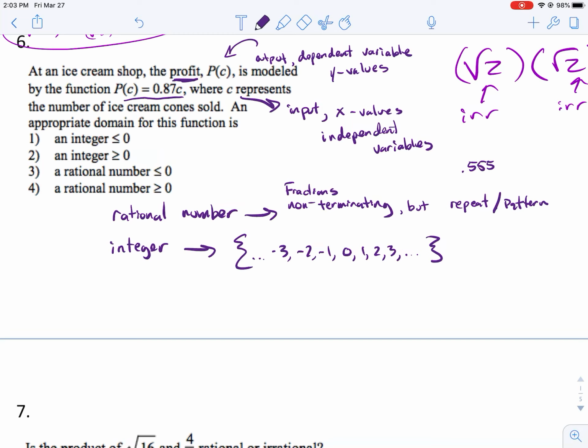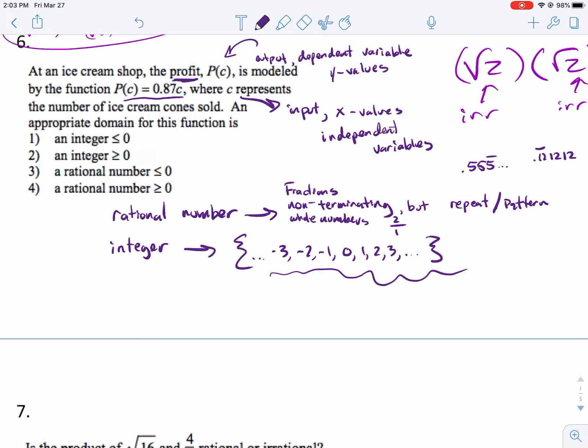So you can have 0.555, repeating 5s, or 0.121212, where 1 and 2 are being repeated. And then you can also have whole numbers as well, but in those cases they're just put over 1. So you could take 2, put over 1, now we have a fraction. Integers are rational numbers, because they can be represented as fractions, but typically we don't write them like that if we don't have to. So that's the difference between both of those.